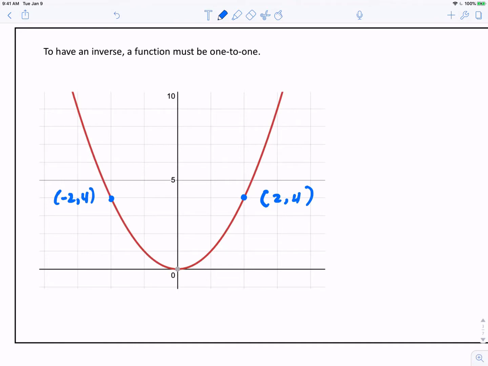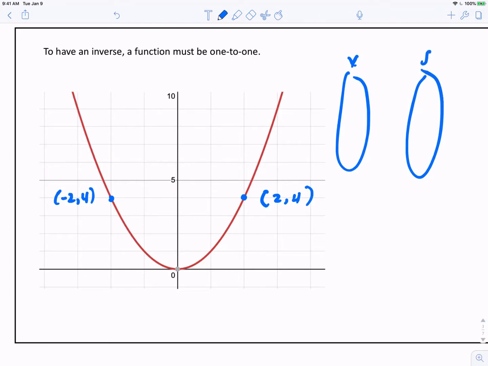In an arrow diagram, here's x and here's f of x. The number 2 is mapped onto 4, and the number -2 is also mapped onto 4. We said this is still a function because every x has exactly one y to go to. That's what makes it a function.